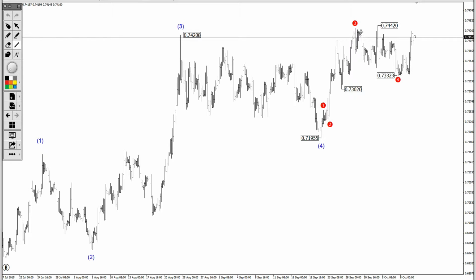In my charts this is probably a B wave peak of a fourth wave correction, and now I'm expecting one more smaller wave higher. Perhaps the third wave of this advance is still in force, but I'm expecting more upside and maybe towards 0.75 levels, or maybe even higher than that.